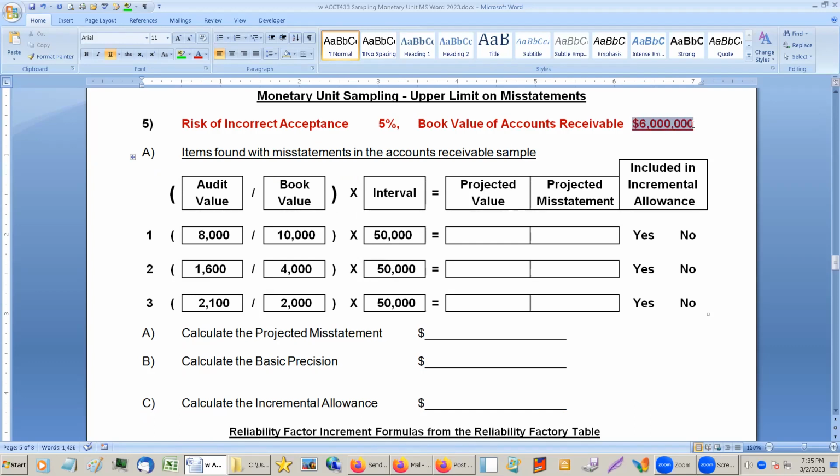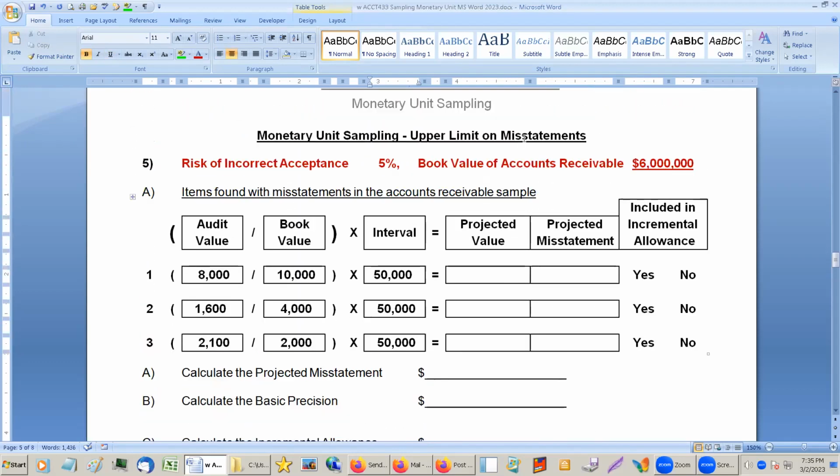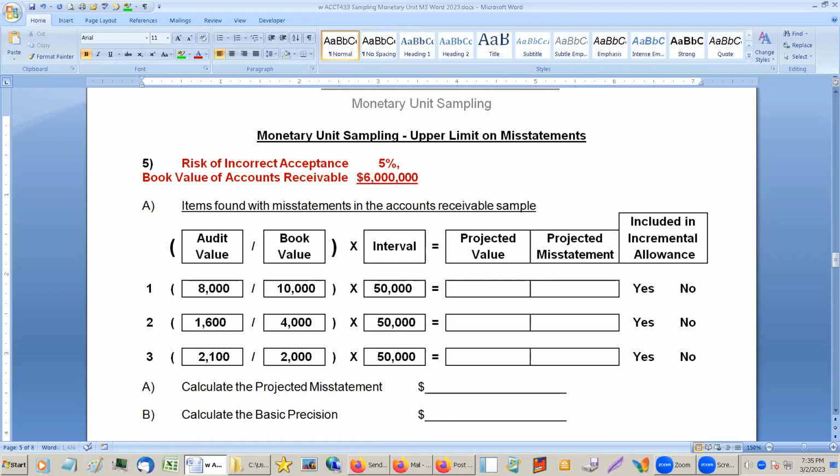So we broke this $6 million up into $50,000 chunks, items. So how many do we have? Was it 12? I think it's 120. 120? Yeah, okay.